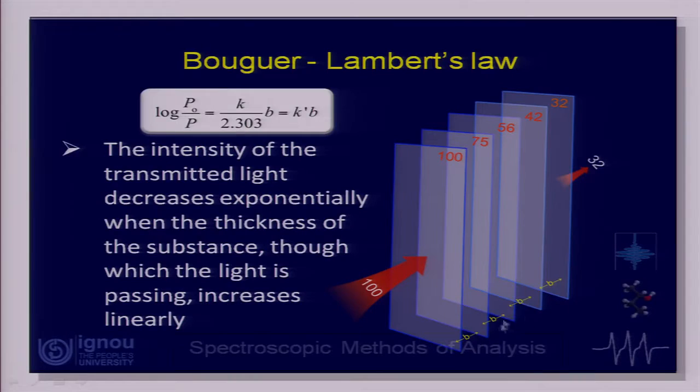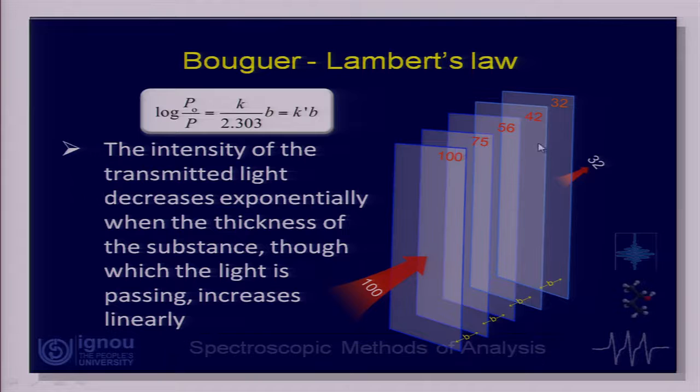There are 4 cells I have made here, each of thickness equal to B. Now, according to this law, if on the first chamber the intensity of the radiation falling on it is 100 units, and I assume the same thing again, that is it decreases by 25%, then when it passes to the second compartment, the intensity will be 75, because 25 have been decreased.